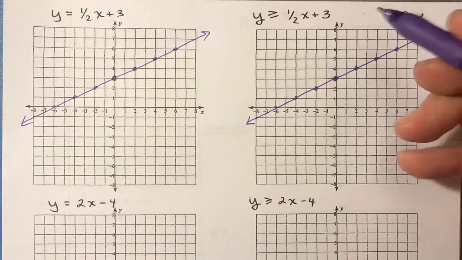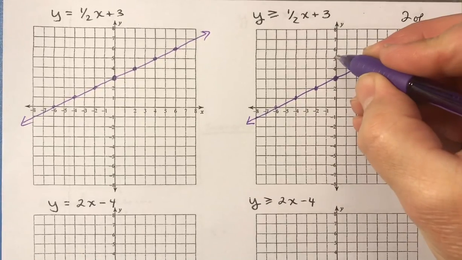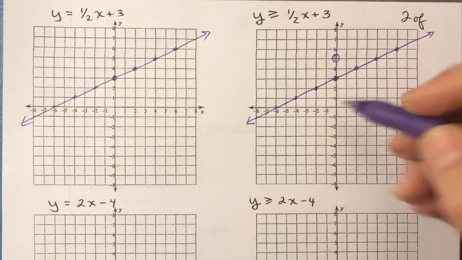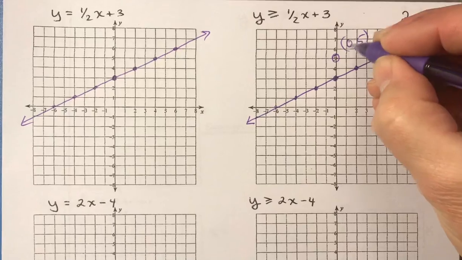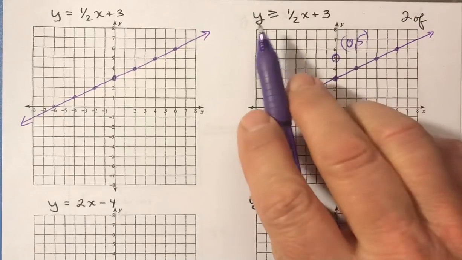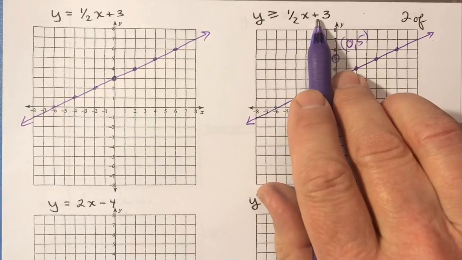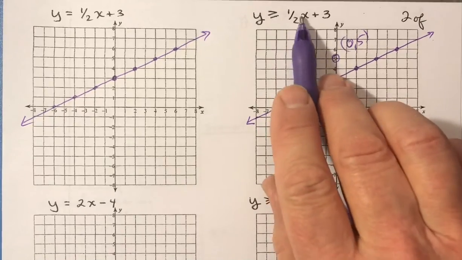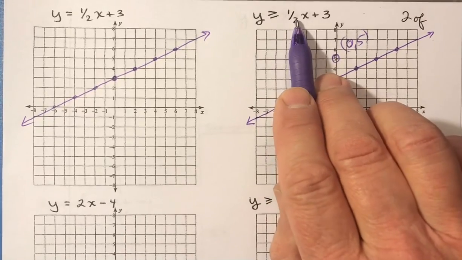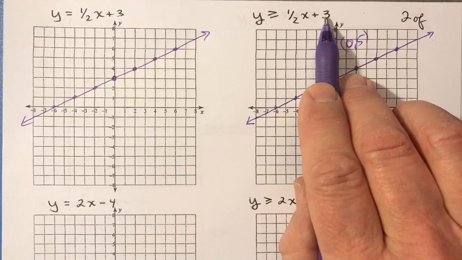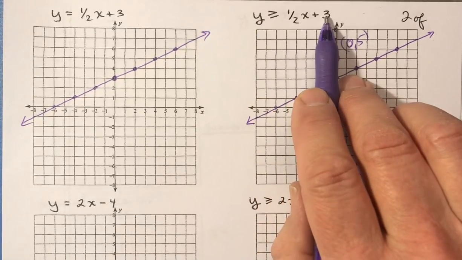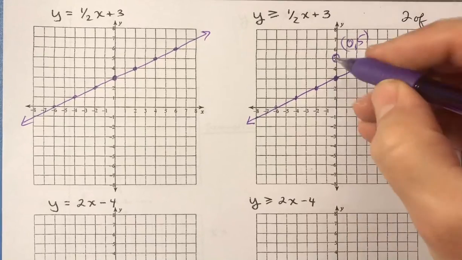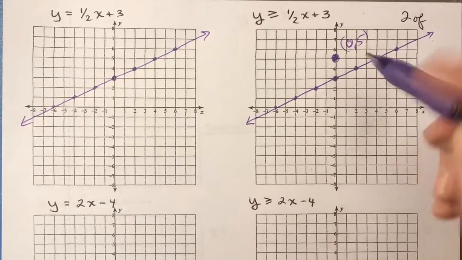So I'm just going to choose a point like this guy right here, (0, 5). And I want to know if that point will make this inequality true. Now, half of 0 is 0 plus 3, and 5 is greater than 3. So this point makes the statement true.